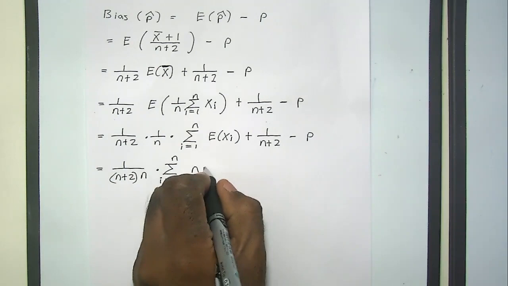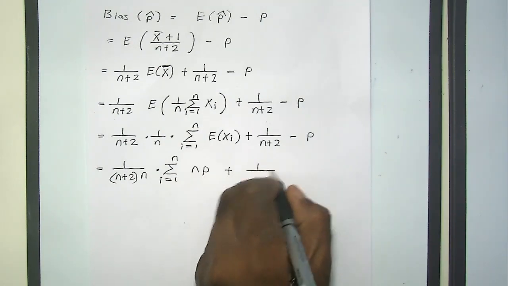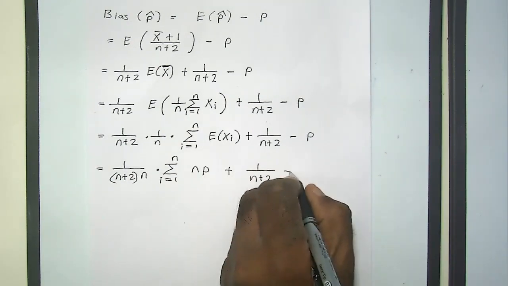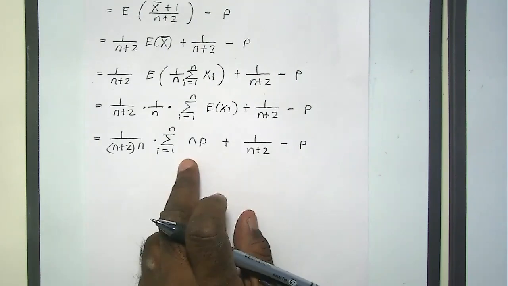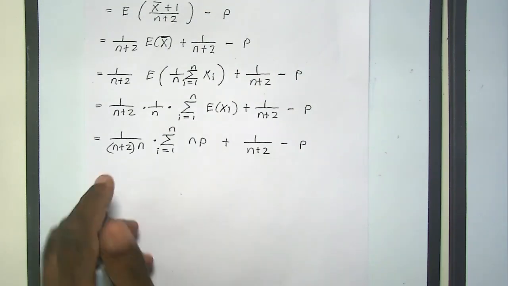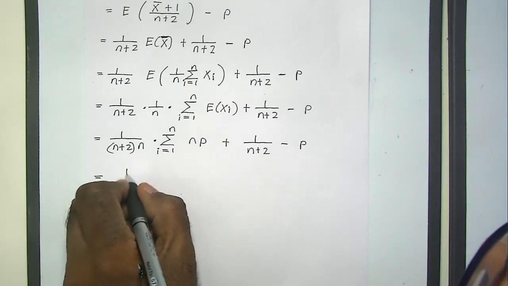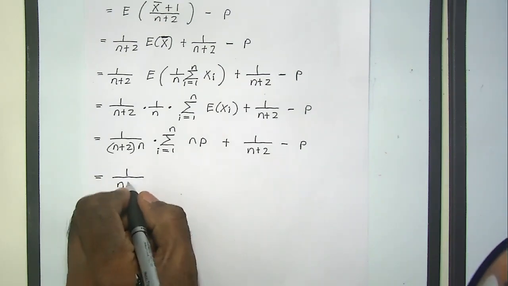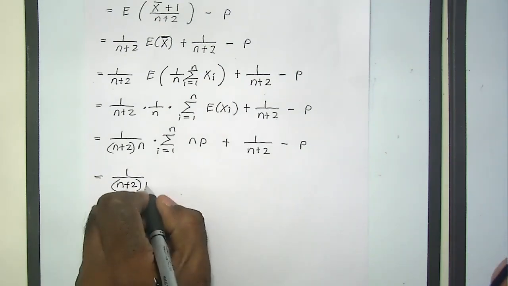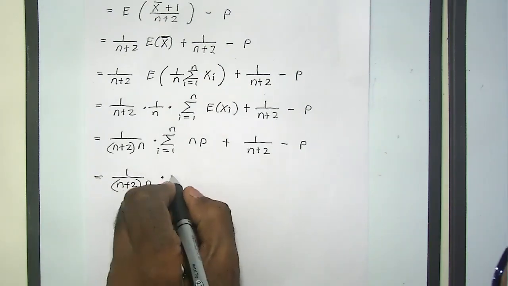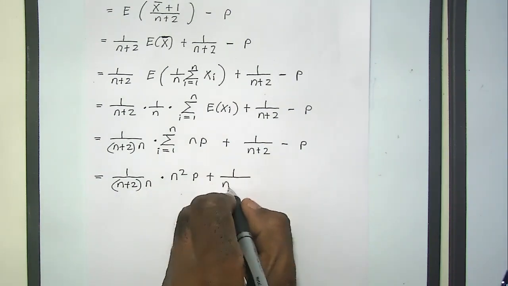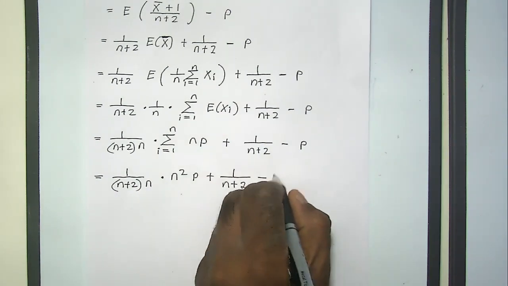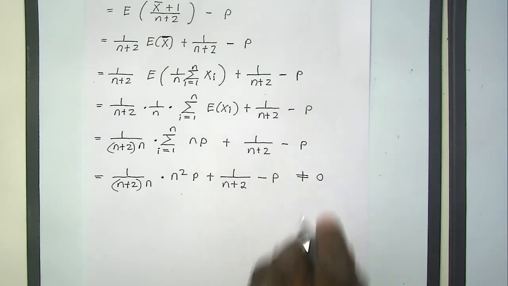Now what you're summing here is a constant, so the sum of a constant is n times the constant, so n times this is n squared p. And this is clearly not equal to 0.